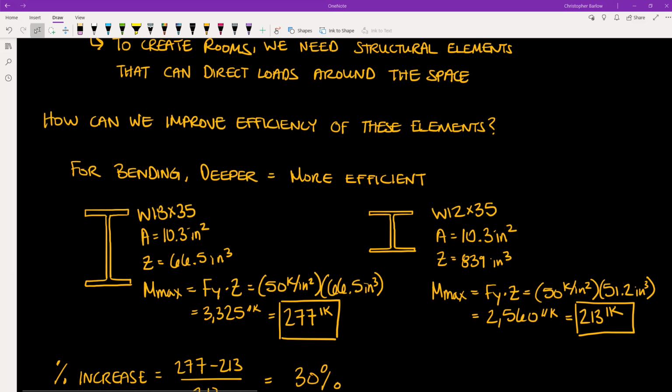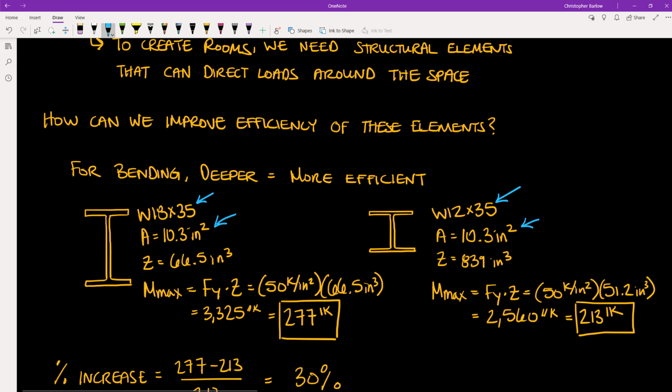As we've mentioned already, with bending elements, the more area we can concentrate at the top and bottom of the member, the better. So last week we saw how a wide flange shape is more efficient than a solid rectangle. Now you can see I have a comparison between a W18 by 35 and a W12 by 35. Both have the same area, and therefore they also have the same weight in pounds per linear foot.